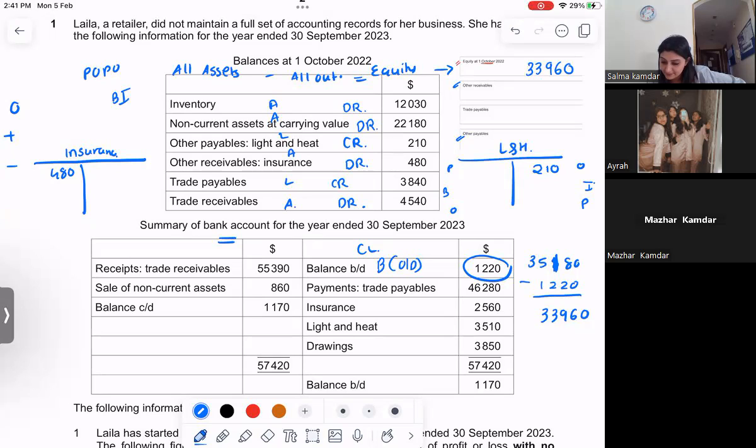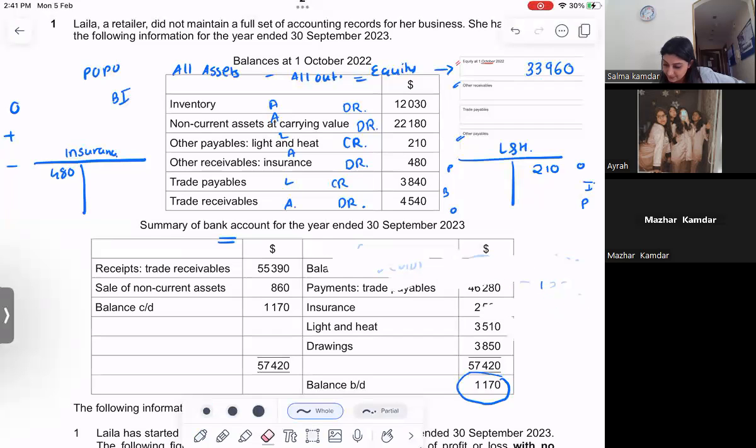Done. Okay, fine. Now tell me, this closing balance, is it current asset or current liability? Because I have to make my statement of financial position. This closing balance is a current asset. Think properly.